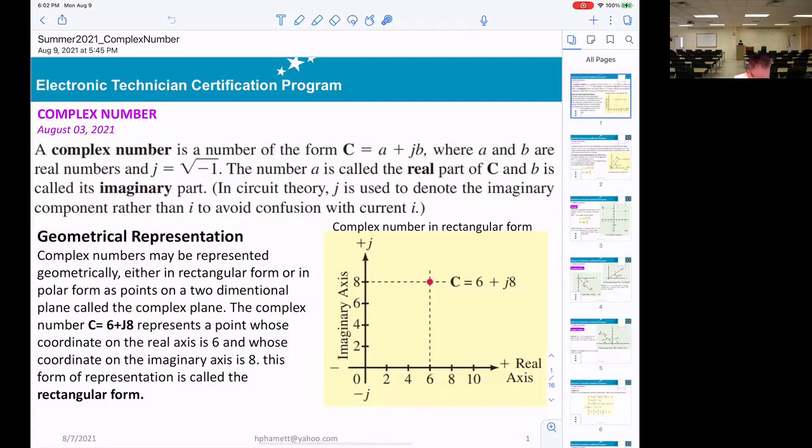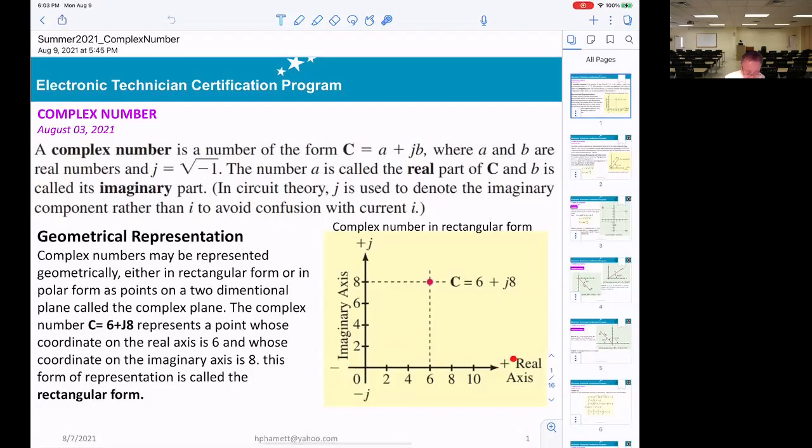The complex number C equals 6 plus J8 represents a point where the coordinate on the real axis is 6 and the coordinate on the imaginary axis is 8. This form of representation is the rectangular form. So you get two forms: one is polar and another is rectangular. Right now we're talking about rectangular.